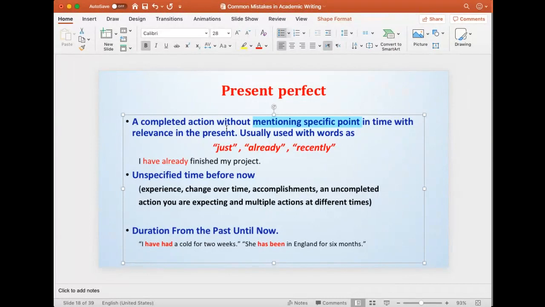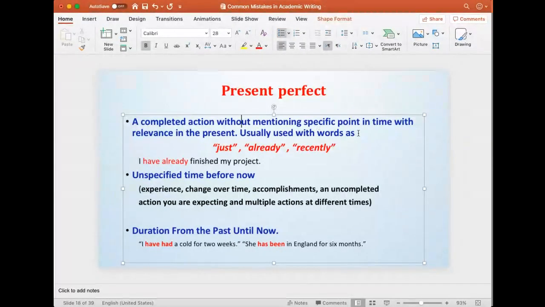It might have, for example, I would say an effect. Yes, it's an effect. Something that happened, and it has an effect on the present.